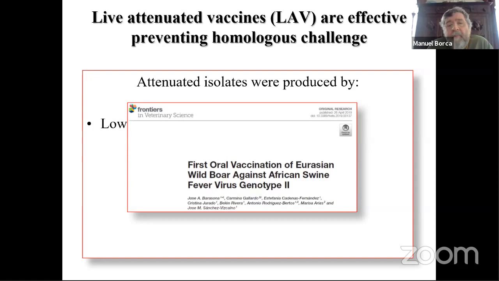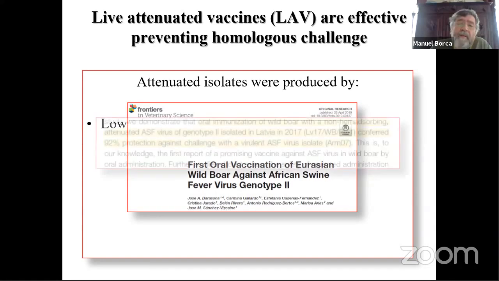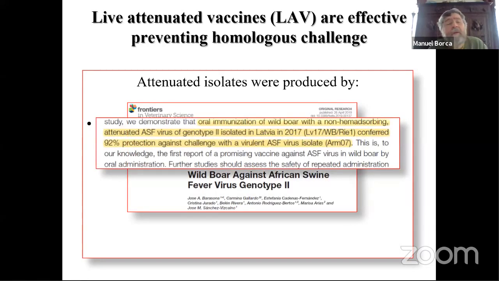That is a virus that has been isolated and worked on by the group of Dr. Jose Manuel Sanchez Vizcaino in Madrid. And this is basically a virus that was isolated in Latvia from a wild boar. And what this group shows is that oral vaccination with this virus protects over 90% of the wild boars that were challenged with the virulent Armenia 07.